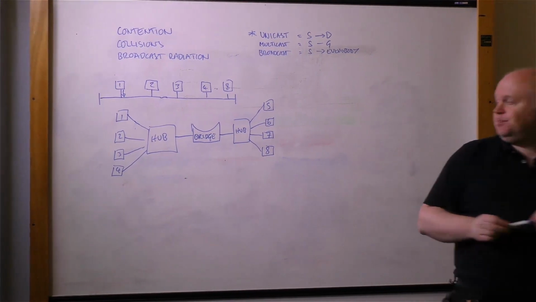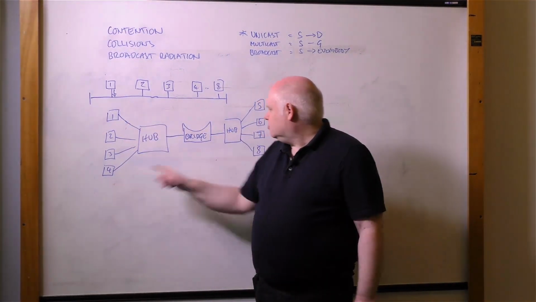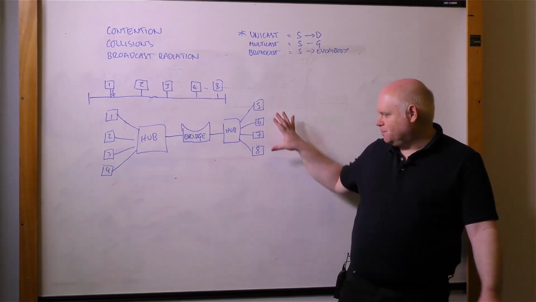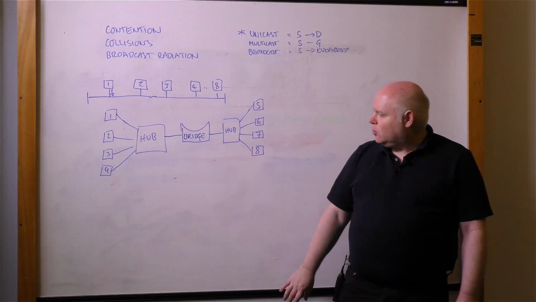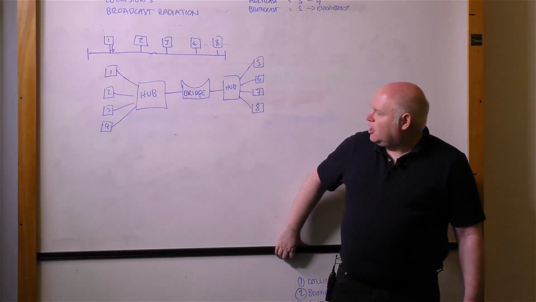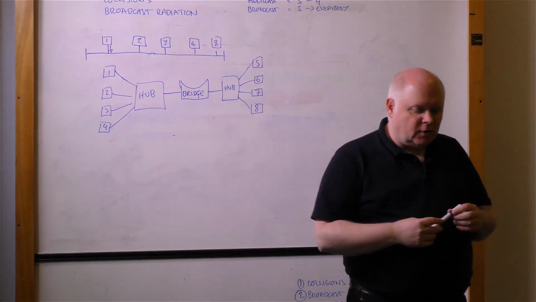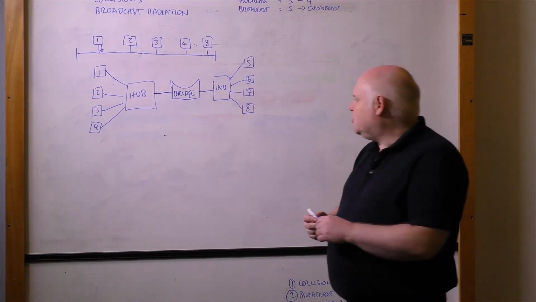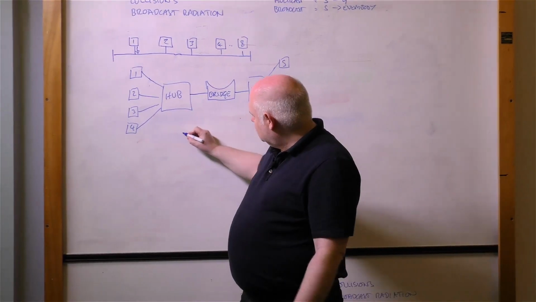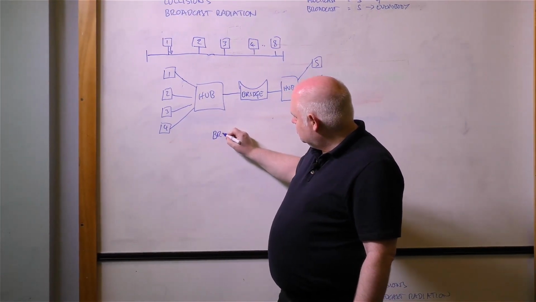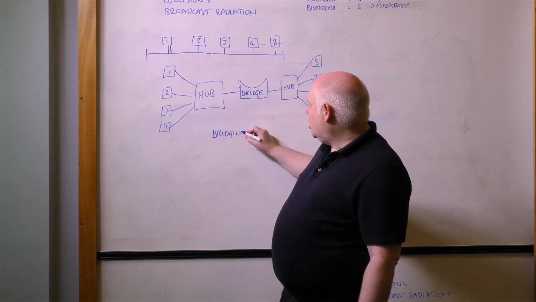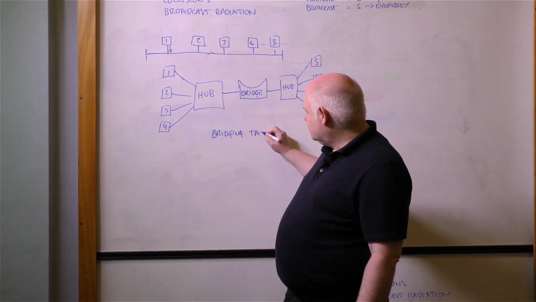It's transparent because the computers don't know it's happening. And the way it works is it keeps a list of every MAC address it sees. It keeps a table called the bridging table.